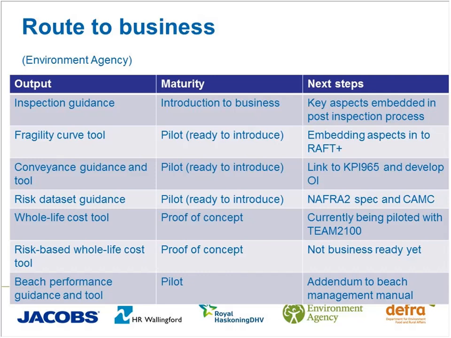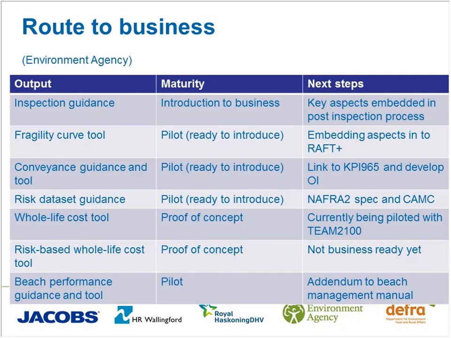The conveyance guidance and tool, again, will be published and be freely available to be used. Within the Environment Agency, we're looking to see how it can support our channel conveyance KPI, Key Performance Indicator 965. Risk data set guidance, that document and guidance was very useful in feeding into the development of our National Flood Risk Assessment specification and our Creating Asset Management Capacity programme.